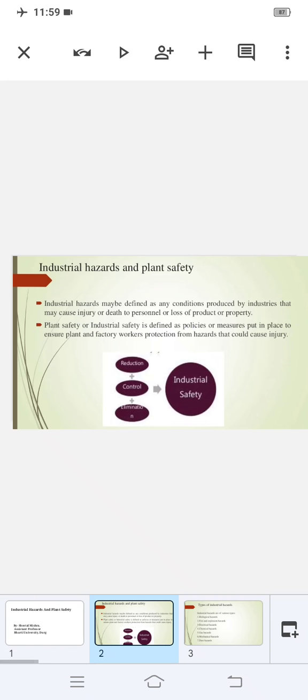Okay, so while we start our chapter, let me introduce you to some common terminologies of this chapter, like hazard. What do you mean by hazard? You should know the meaning of some common terms like this.